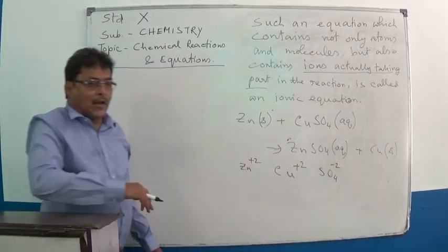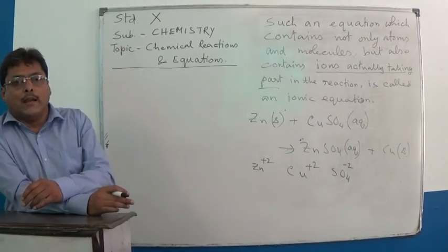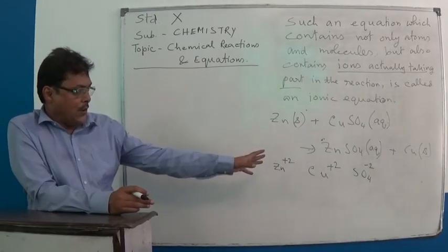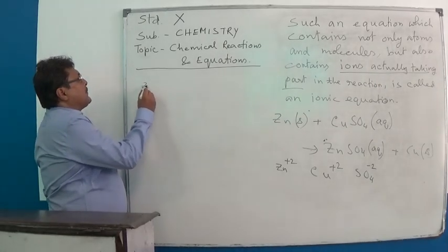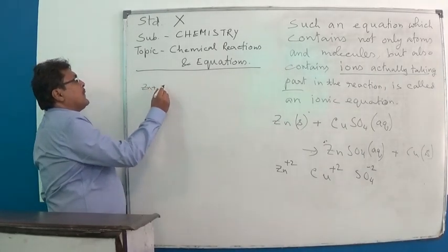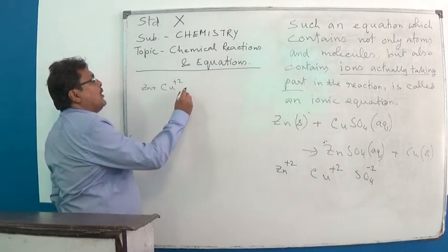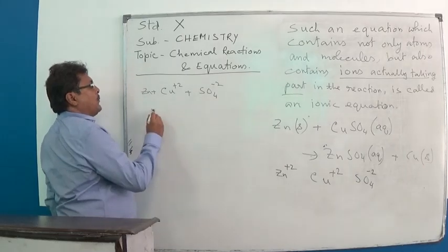So when copper sulfate is in the aqueous solution, it gets divided into copper ion and sulfate ion. So the reactant side will be like this: Zn plus Cu plus 2 plus SO4 minus 2.